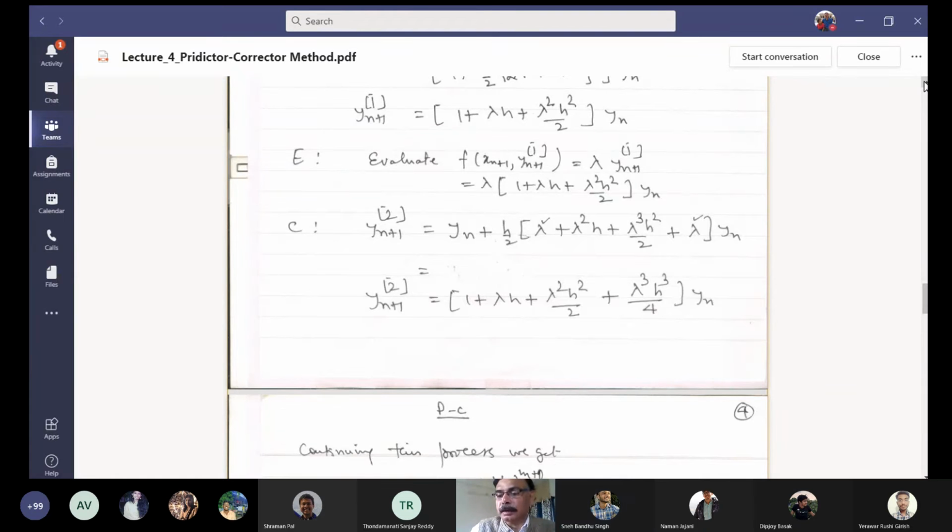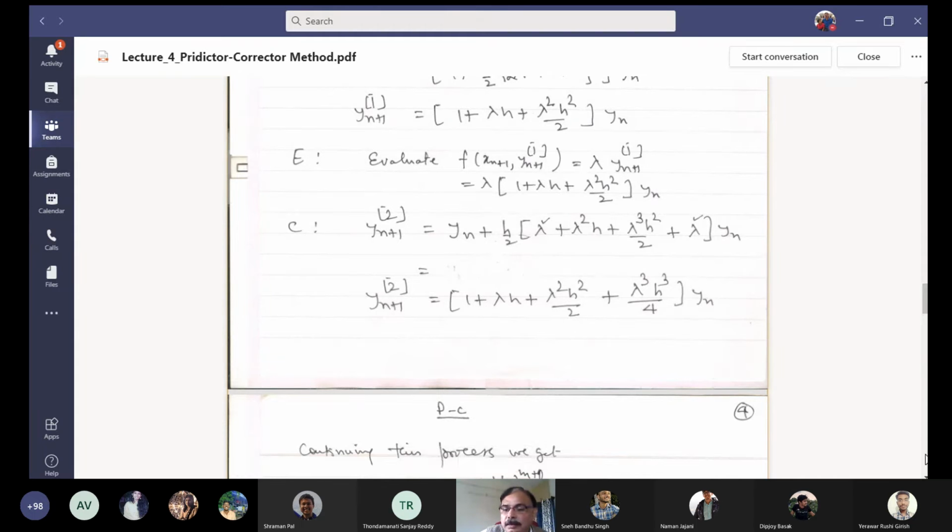Yes, sir. Okay. Now, when will this series converge? This is a geometric series, if the ratio is less than 1. So we may take out this 1 plus lambda h, we separate out 1. Somewhere it is written, but it is not the correct one, so I am not showing that.